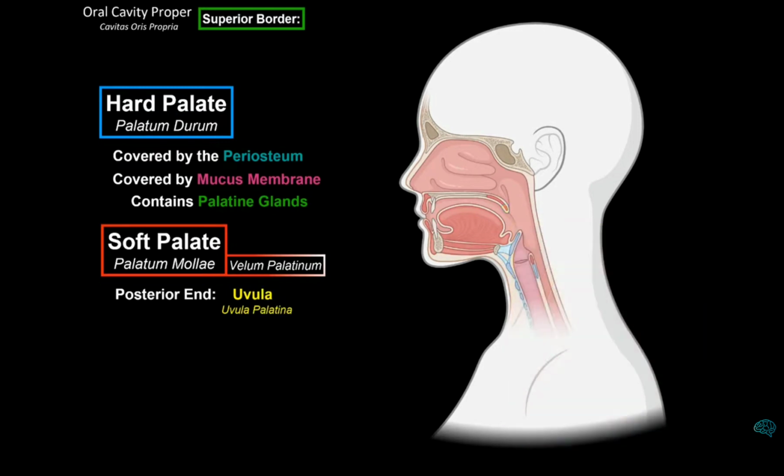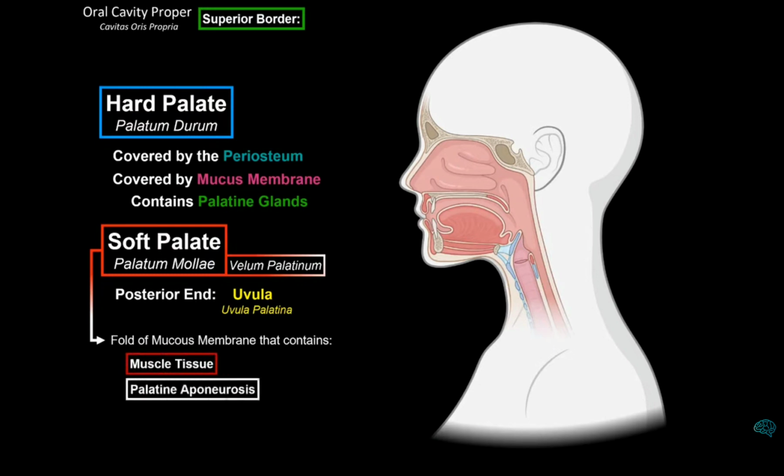Now, what makes up the soft palate? First, I want you to imagine that you have a bag. And this bag is made up of mucosal membrane. Within the bag, you will find muscles or muscle tissue. You will also find a lot of fibers that clump together and form a structure called the palatine aponeurosis.